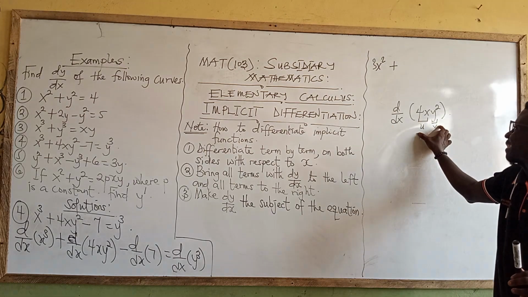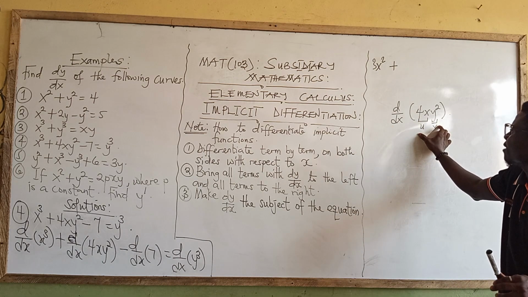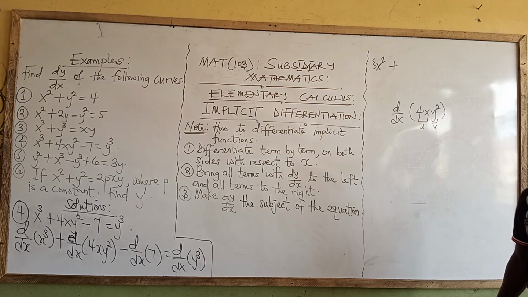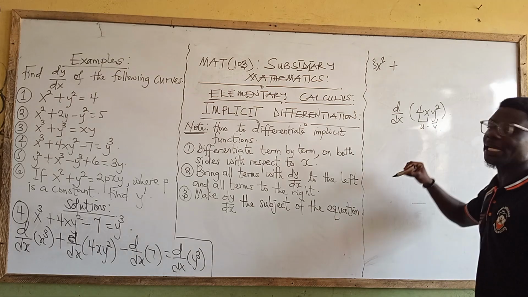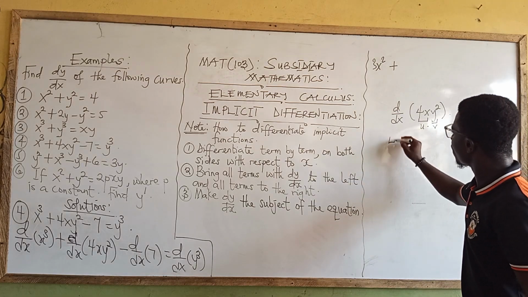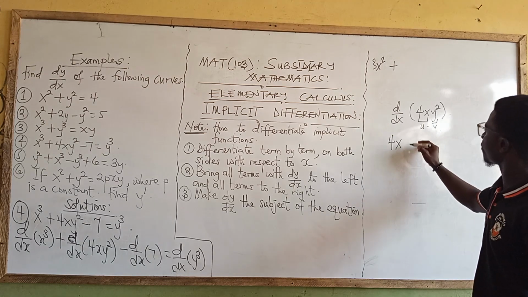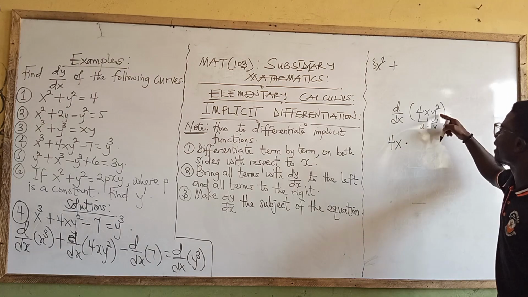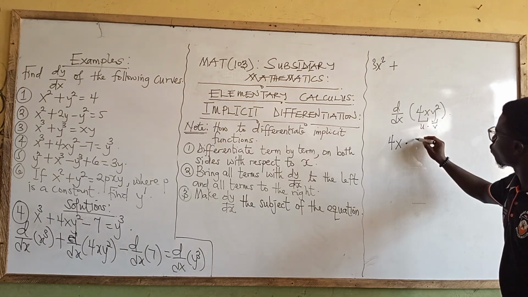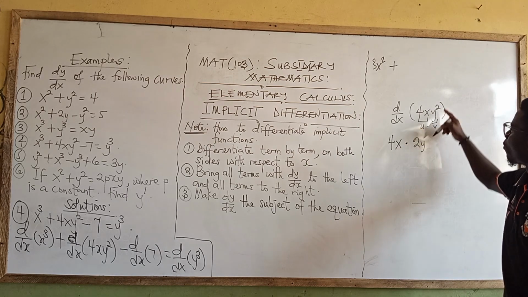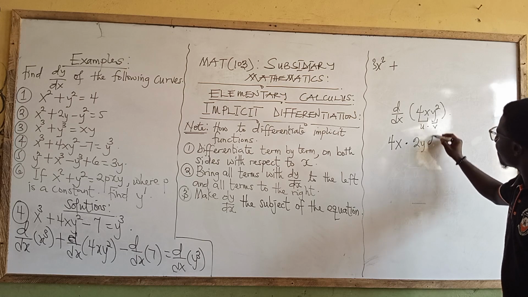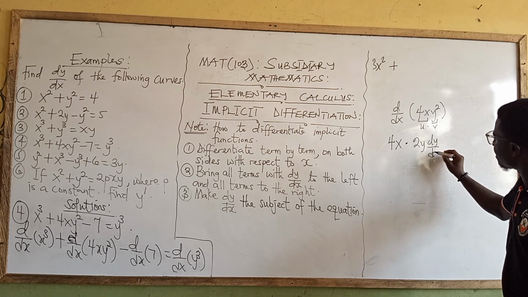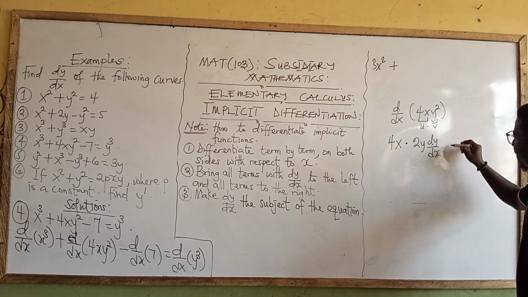But because it is implicit and we are treating y as a function of x, we have to apply our product rule here. So we are multiplying u times v. I hold 4x constant, times I differentiate y squared. So 2 comes down, then I get my y, and we subtract 1 to get y to the power 1, then my dy over dx, don't forget.